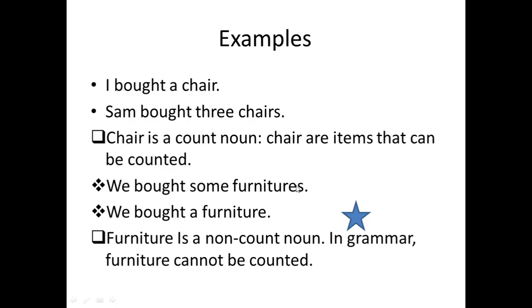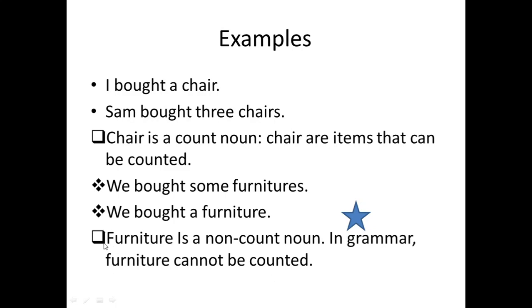Why are they wrong? Because in grammar, this word furniture is a non-count noun. That's why I put a star here, because this is important. In grammar, furniture cannot be counted. This is an exceptional example.